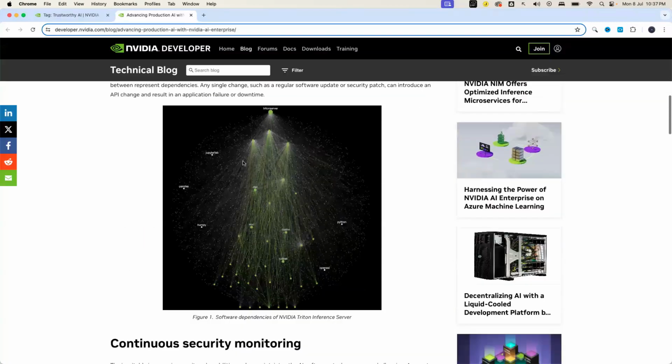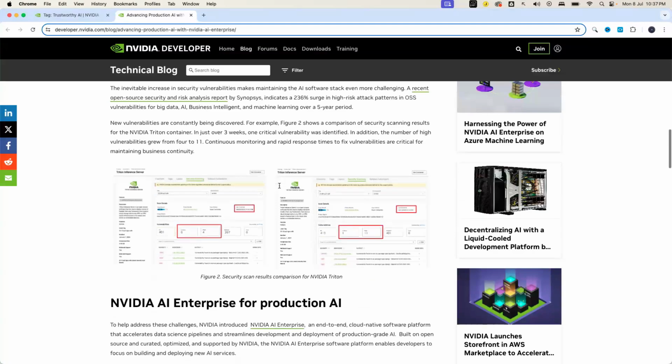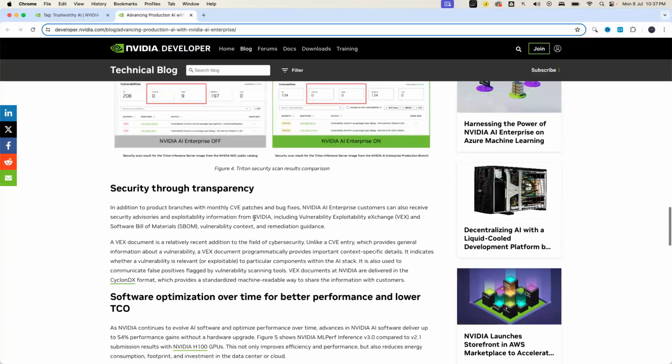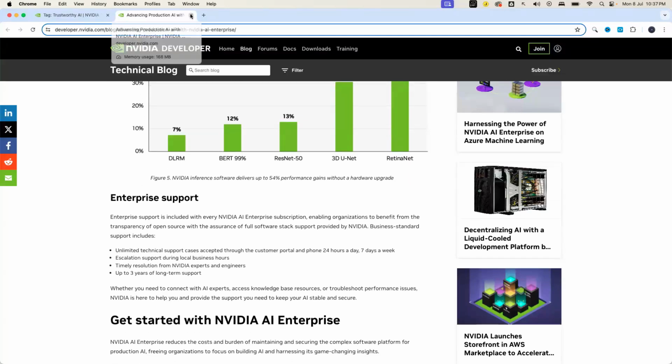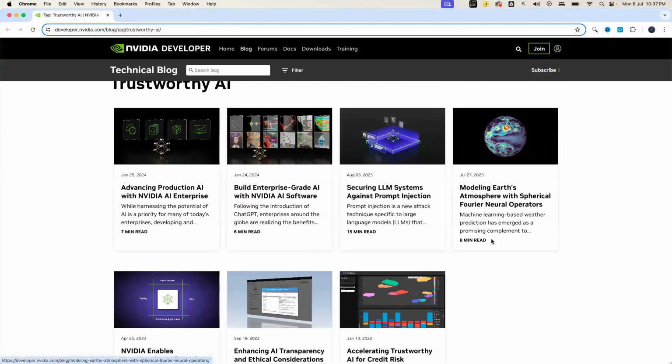Okay, they have also talked about the Triton server. They have explained how exactly it can be used. You don't have to go into the technical details, but having a high level understanding will be very helpful in answering these easy questions. I'll call these the easy type questions. So check out these blogs.